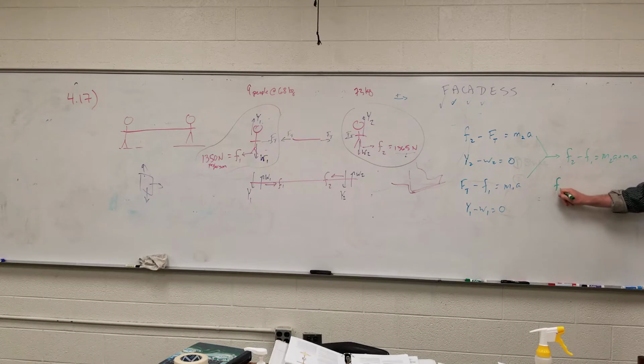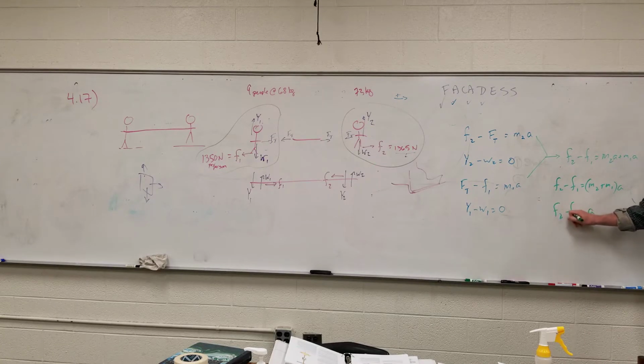So F2 minus F1 is equal to M2 plus M1 times A. Or my acceleration will be the net force divided by the total mass. There's one other thing you have to remember when we plug in numbers, but before we get to the number plug-in, questions about how we got to here?